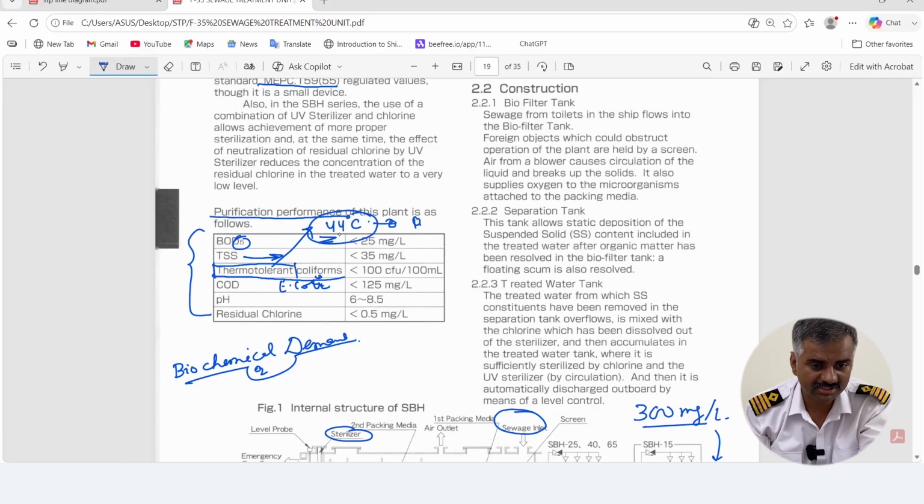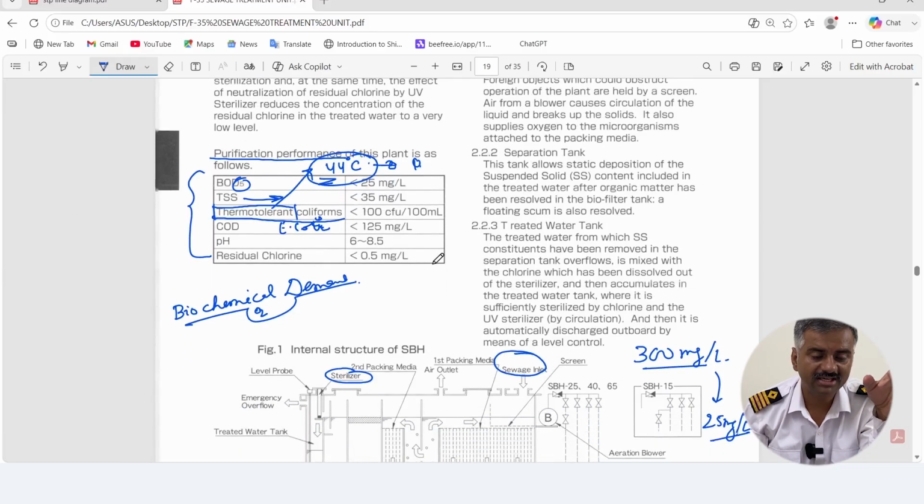Basically thermo because of temperature, 44.2 as far as I recall. E. coli's value should be only 100 CFU per 100 ml. That is very little. These are so tiny particles. In 100 ml, only 100 colony forming units are allowed.